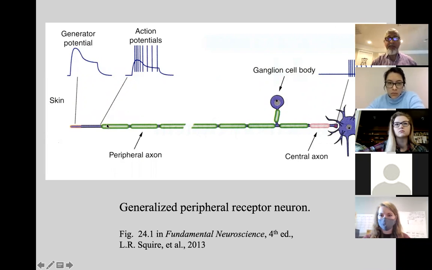One goes towards the periphery, the other goes to the center. This one we call the central process or central axon. This is the peripheral axon, okay? So this one will be classified as pseudo-unipolar, right? Now, if you have two processes, then one will be an axon, the other one will be a dendrite.